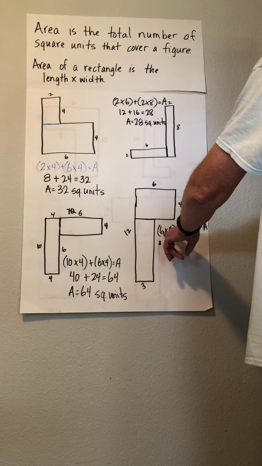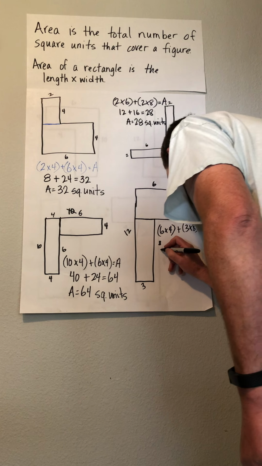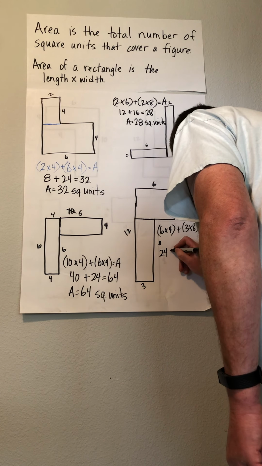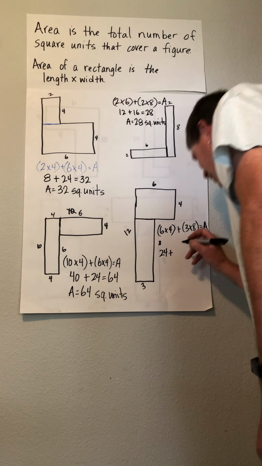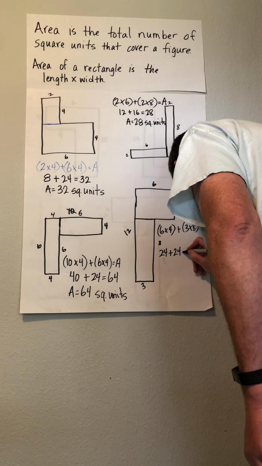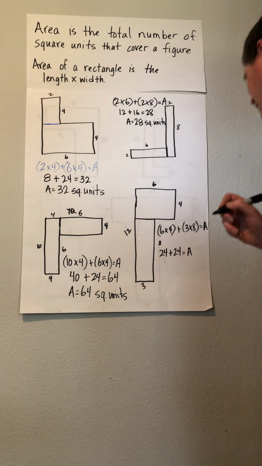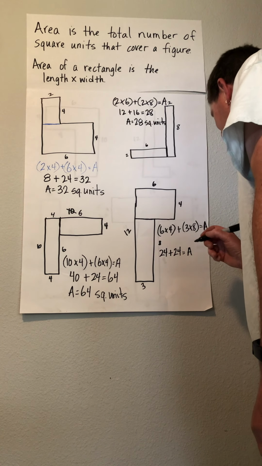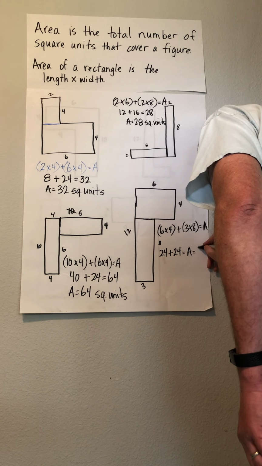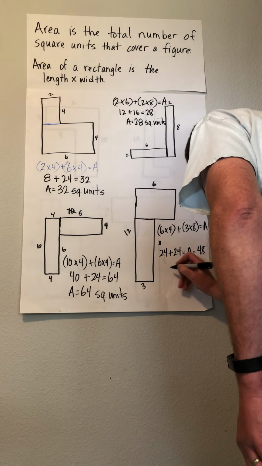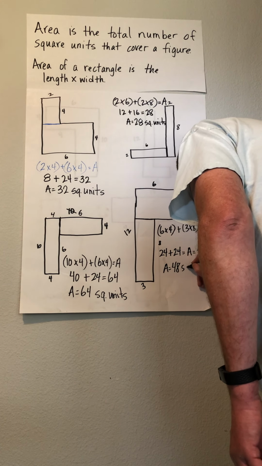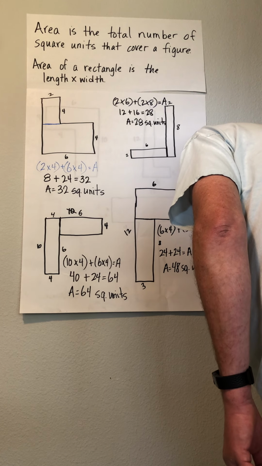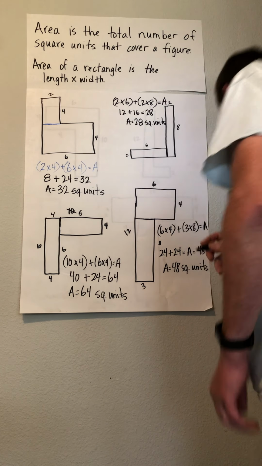So 6 times 4 is 24, plus 3 times 8, it's also 24, and that equals A. So 24 plus 24 is 48. So the area is 48 square units.